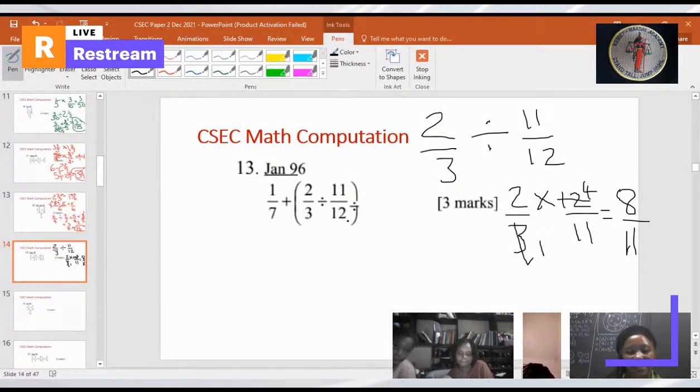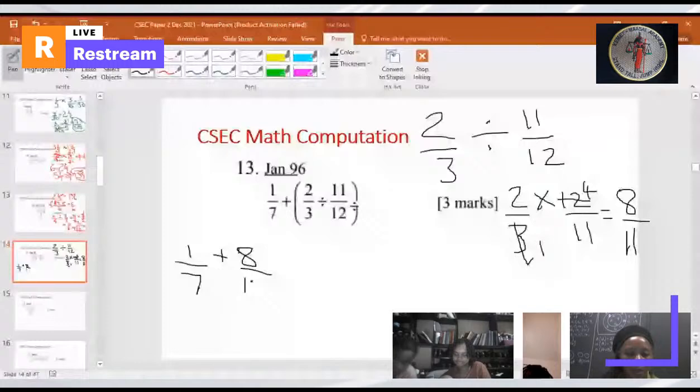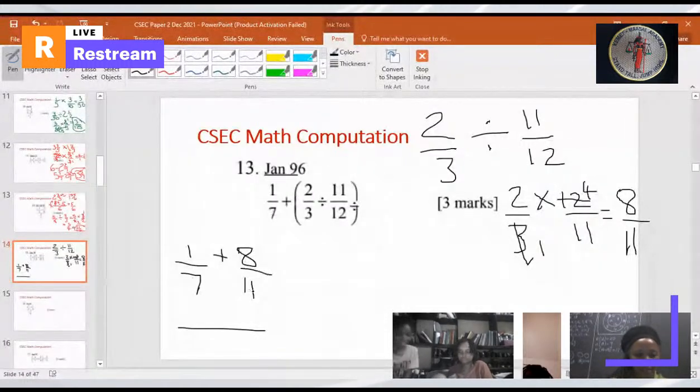So now we add it to this, right? Yes. So that's 1/7 plus 8/11. The LCM of 7 and 11 is 7 times 11, that's 77.